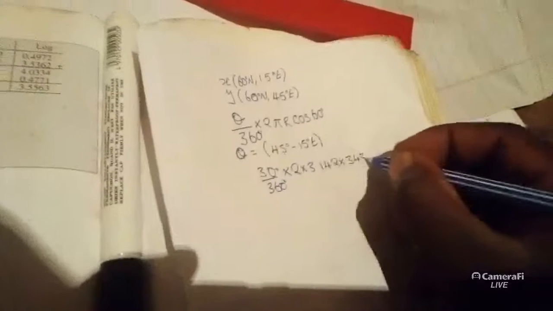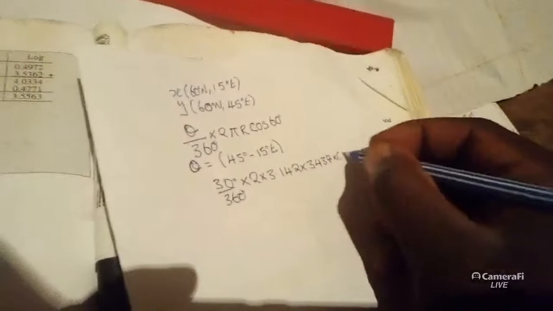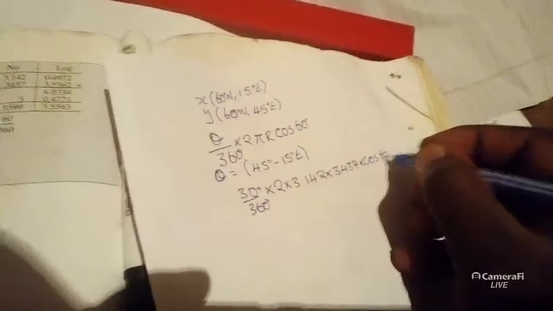Find the length of xy which lies along the circle of latitude in nautical miles. Since we are calculating in nautical miles, we know that it is 3437 times cos 60 times theta. What are we looking for?